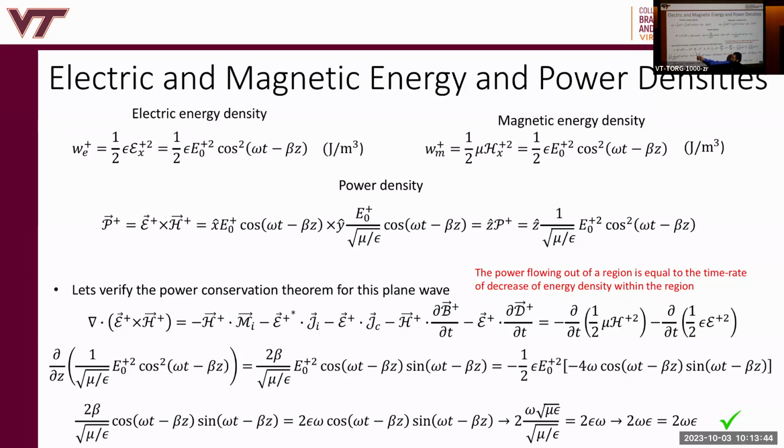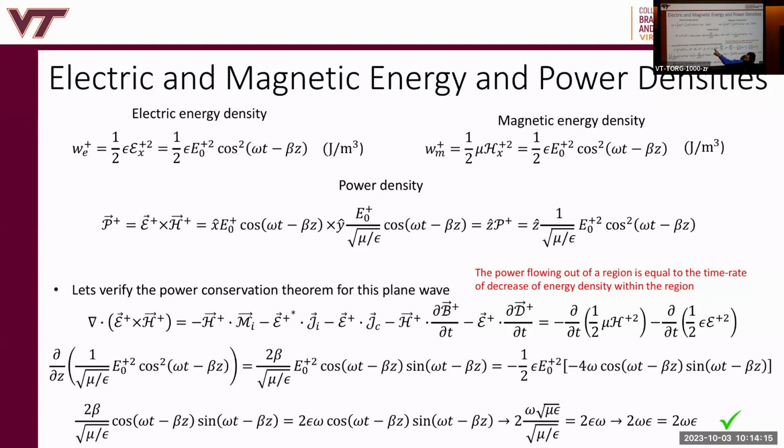The power supplied by the impressed magnetic source, the power supplied by the impressed electric source, the power dissipated through heat through the conductivity of the medium, the magnetic stored energy, the electric stored energy. All that is equal to this, which is just the magnetic energy density and the electric energy density, because there are no impressed sources. This is a plane wave traveling through a source-free, lossless medium.